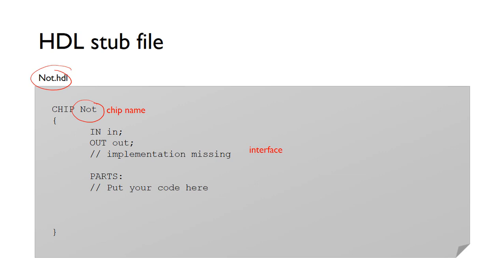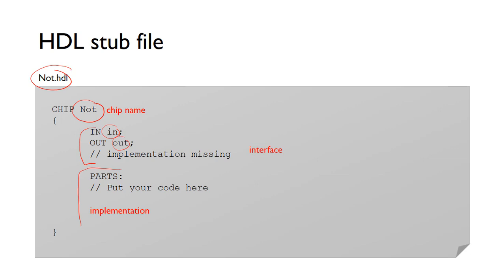Then this part here defines the interface. Here we've got one input, called in, and an output called out. Underneath, the parts section is the implementation. This is where you put the HDL code.